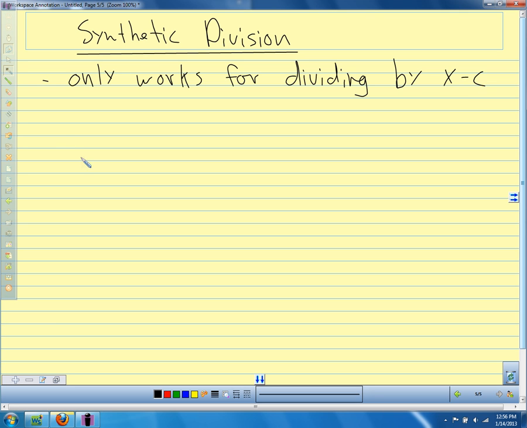So what we're going to do, our process for doing synthetic division, we're going to go back and do the very same problem, 3x to the third minus x squared plus 2x minus 3, and we're going to divide by x minus 2. So the first thing that we're going to do is write the coefficients.